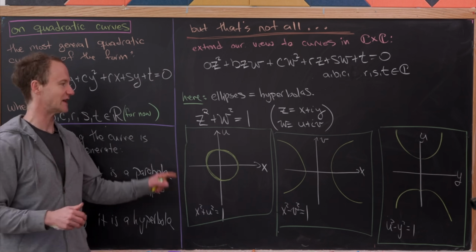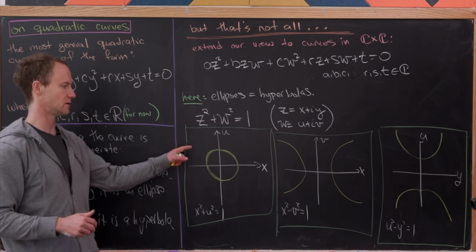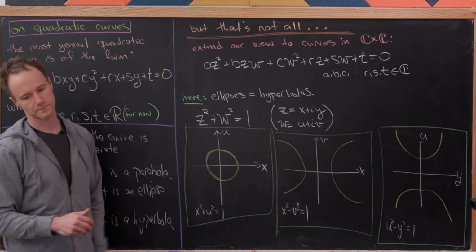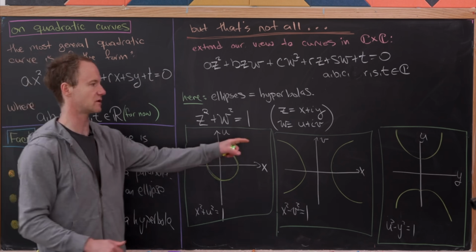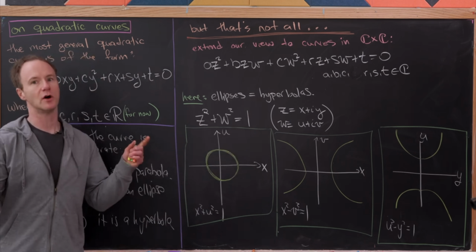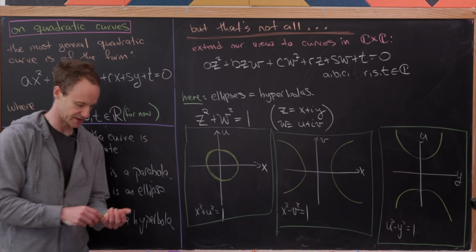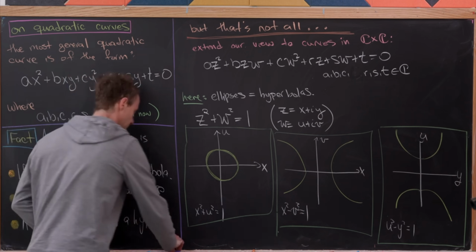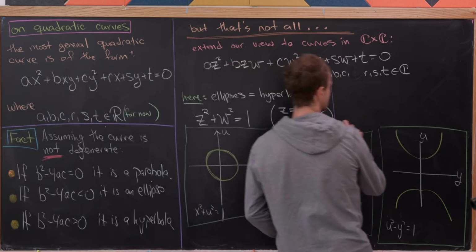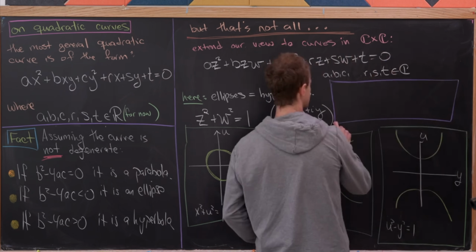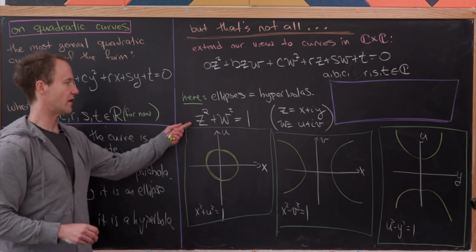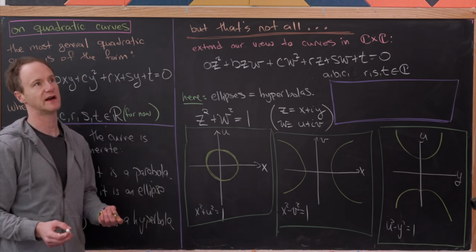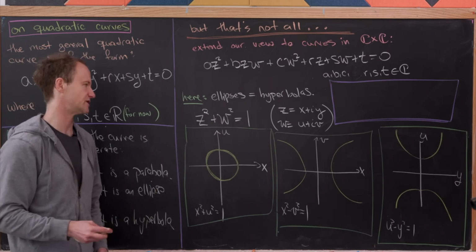Okay, so there we have it. Inside of the complex unit circle, we have a real unit circle and the two real unit hyperbolas. And now that we're allowed to use complex numbers, there's a very simple transformation that will transform this equation, our complex unit circle, to a complex unit hyperbola.